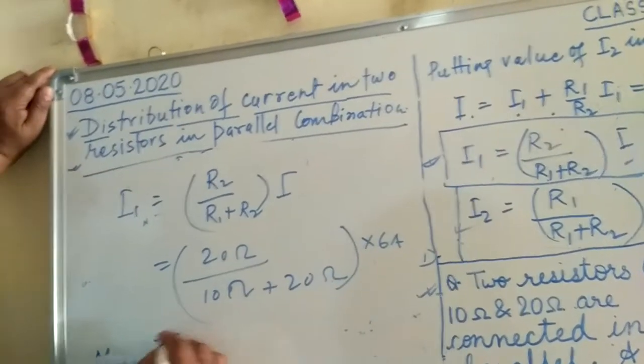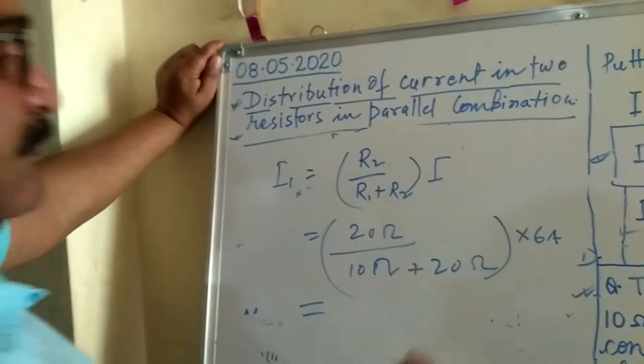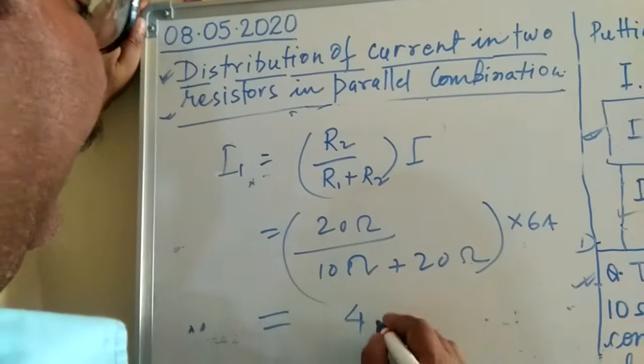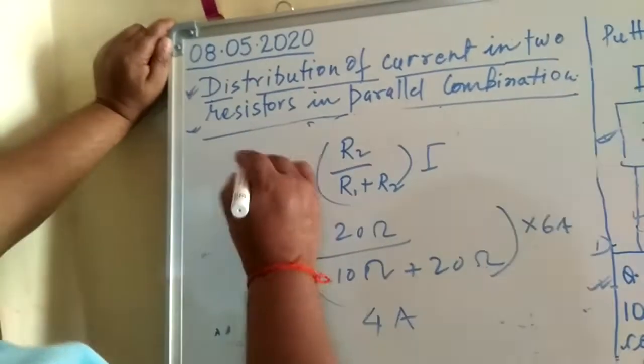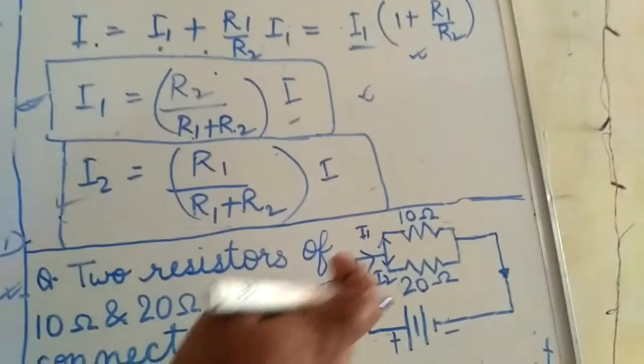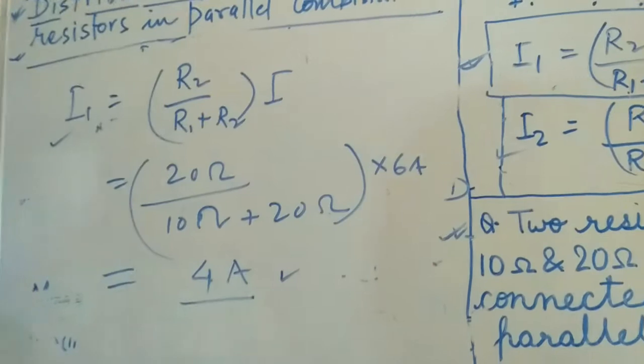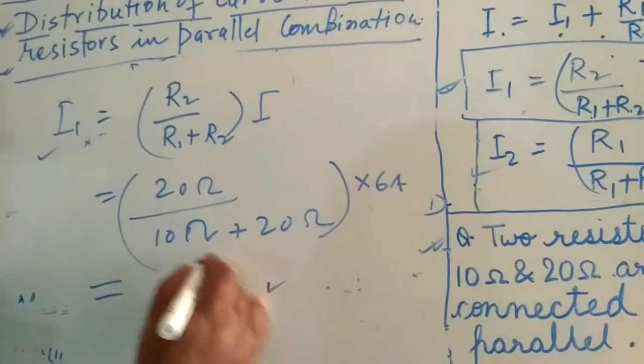When you calculate, then you get 4 ampere of current. So along the 10 ohm resistor, the current flow is 4 ampere.